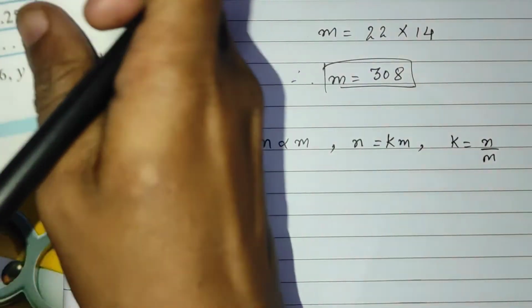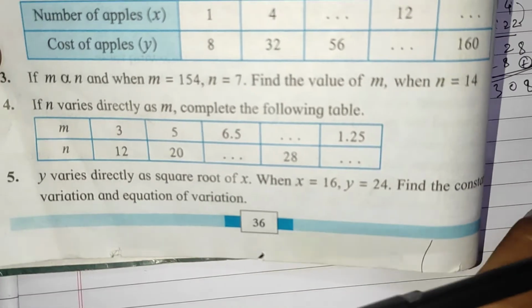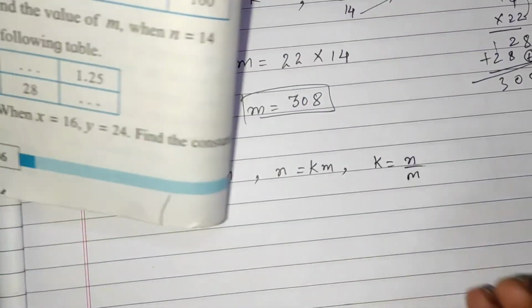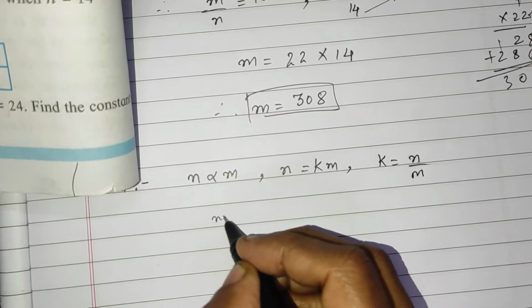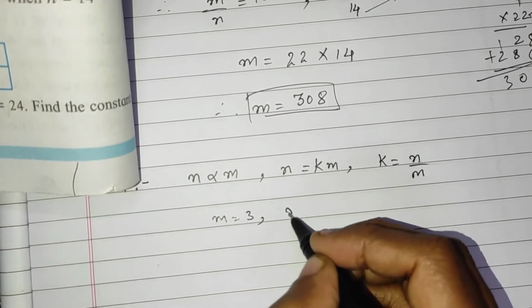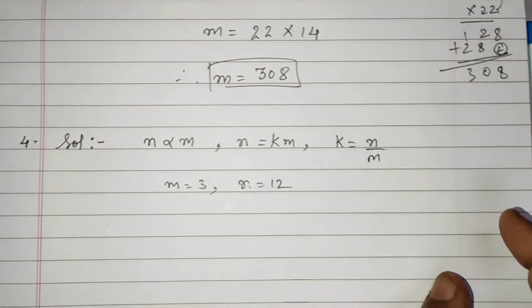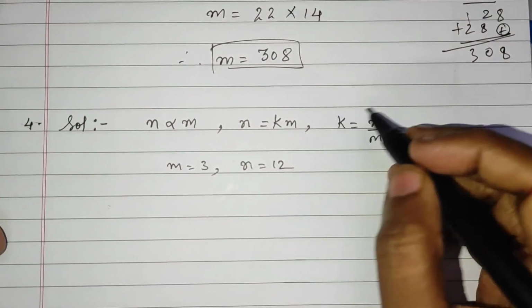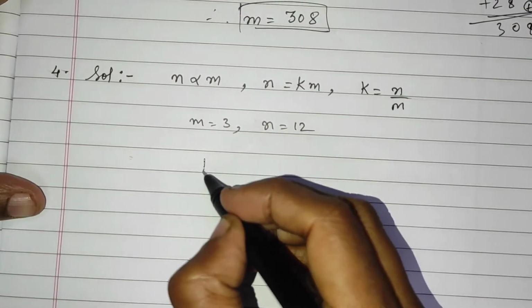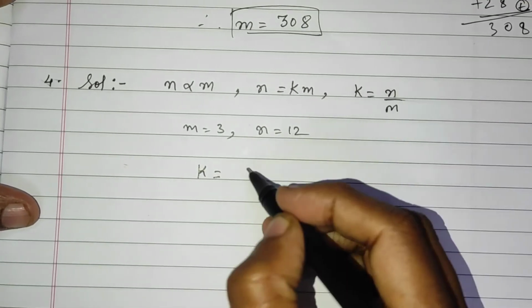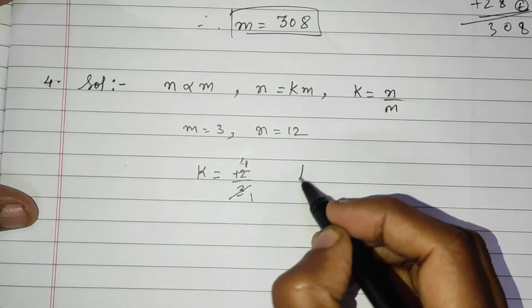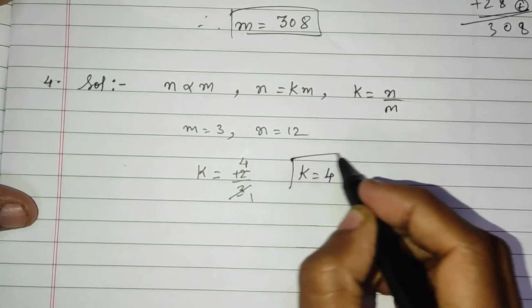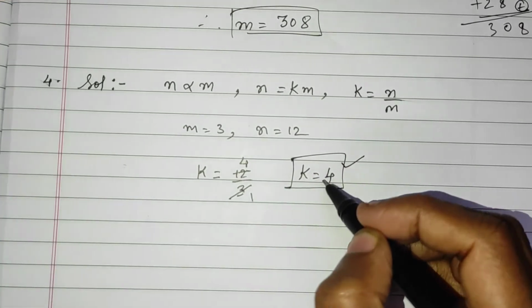So here if we see the first value, m is 3 and n is 12. So if we substitute this value in this formula, it will be like k is equal to n upon m, 12 upon 3, 3 fours are 12. So k is equal to 4. तो constant क्या हुआ, 4.